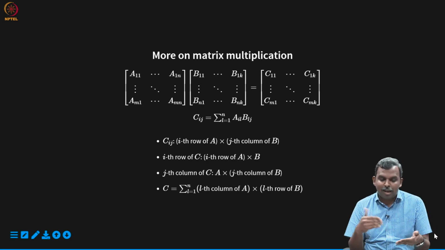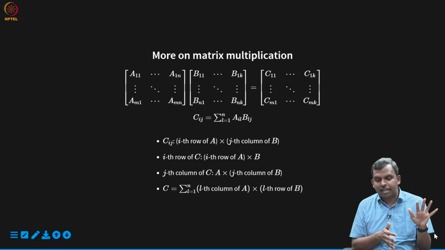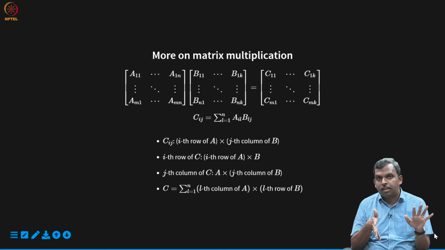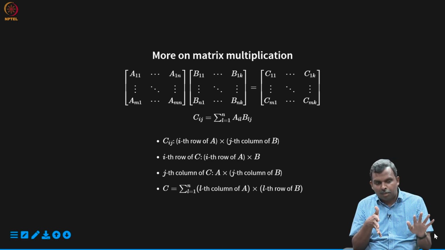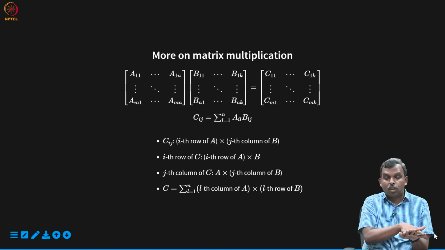Okay, you can also have a contrasting column view. If you look at the jth column of C, it's nothing but the entire matrix A multiplied by the jth column of B. Okay, so you think about why that works. If you go back and work it out, you will see if you take the jth column of B and multiply it on the left by A, you will get the jth column of C. Okay, so that product does what? It actually does a linear combination of the columns of A, right?